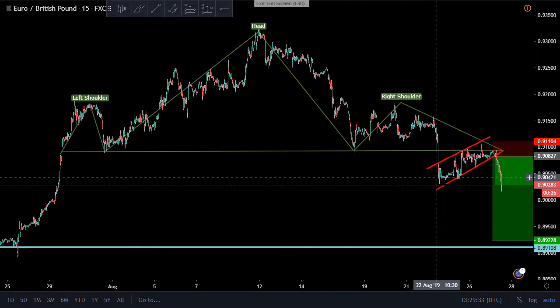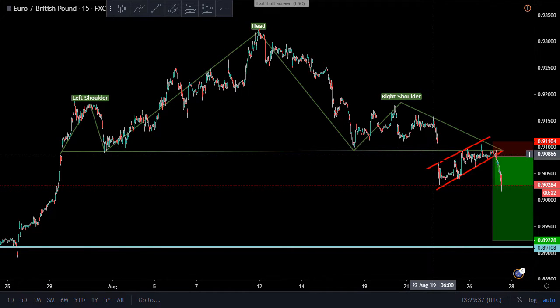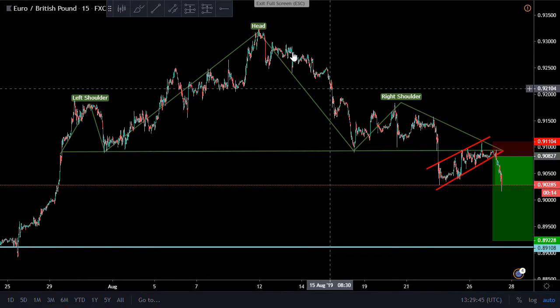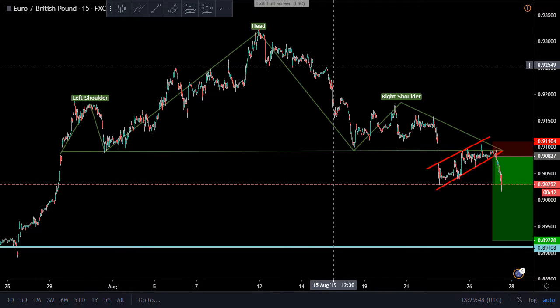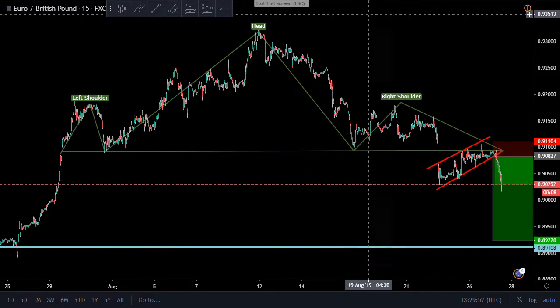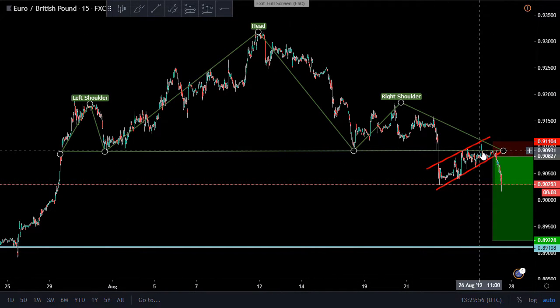Then we had price moving in an uptrend towards that neckline. We had an episode only on market structures, the structures that we trade and the patterns I incorporate in them. In this case, what we considered is this head and shoulder. Then we had an ascending channel towards the resistance.